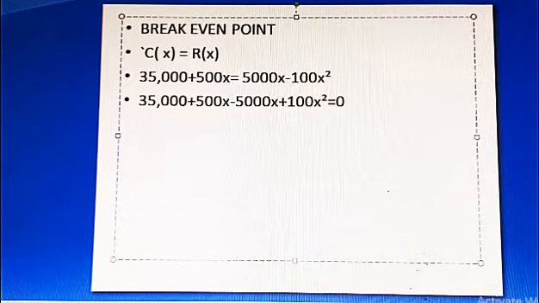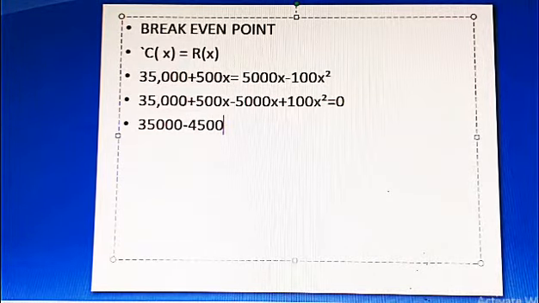Okay, like terms you can add, you can subtract. Okay, so 35,000, you don't have any other constant, we'll keep it as it is. 500x minus 5000x, both are like terms. When you subtract these two, you will get minus 4500x, correct? Plus the last term, 100x square.